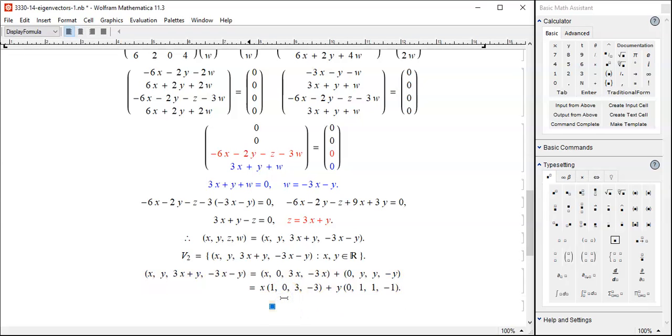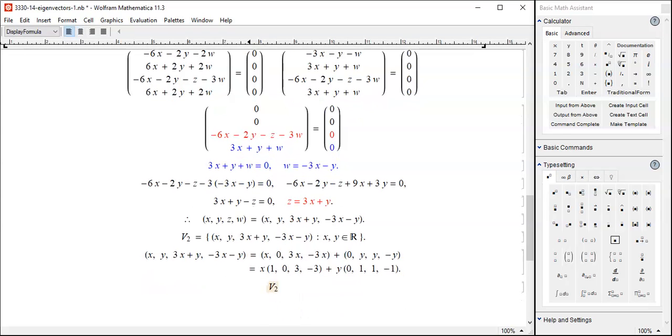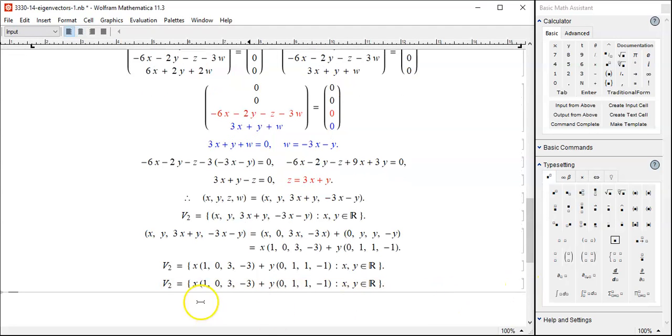So you can rewrite this V2 alternatively as follows. Set of these linear combinations where x and y are real numbers. Or you can write like this as well. Set of all linear combinations, all right?